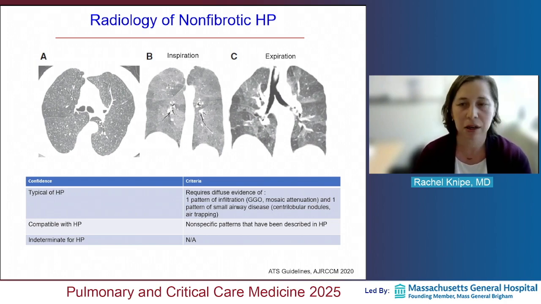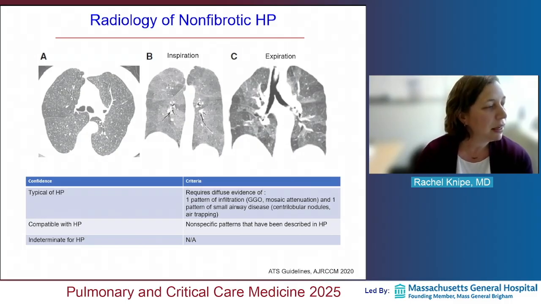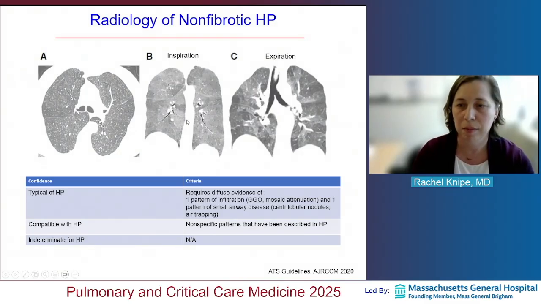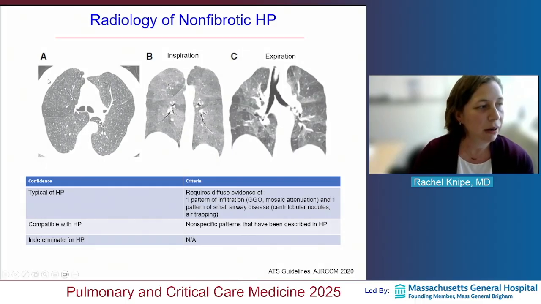So it's really important here to always get a high resolution CT so you can get both inspiratory and expiratory views. On this example here, you can see centrilobular nodules in A, and a nice example of ground glass opacities and mosaic attenuation in B, and then some air trapping with expiration in C.